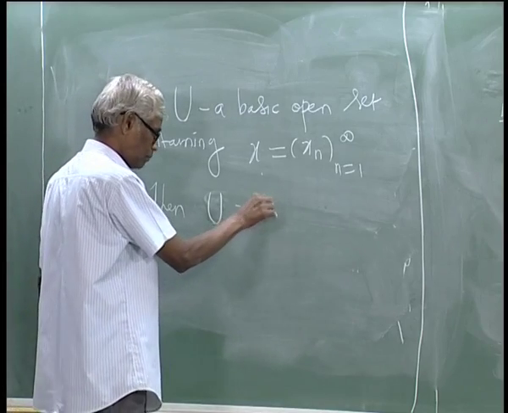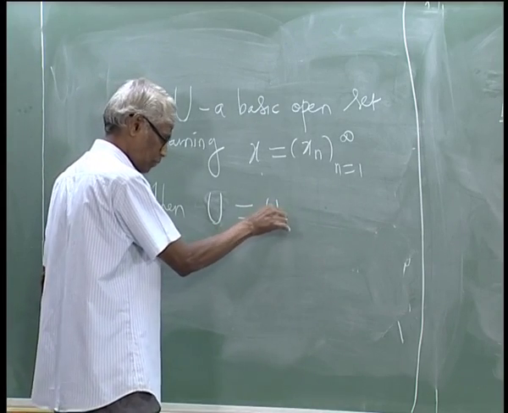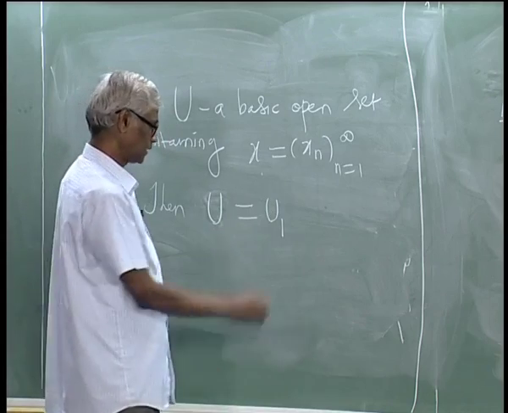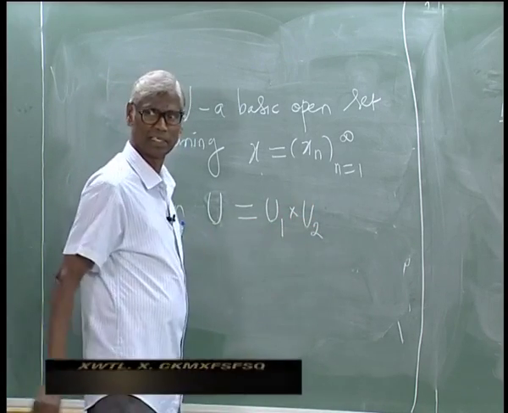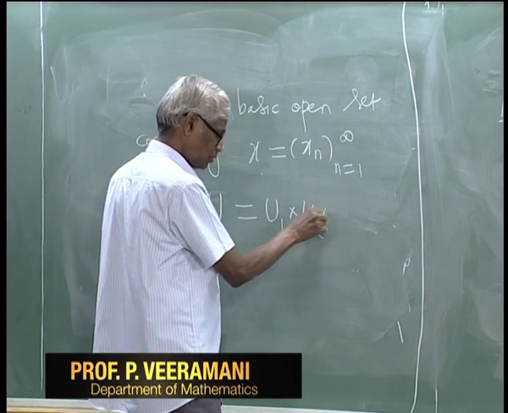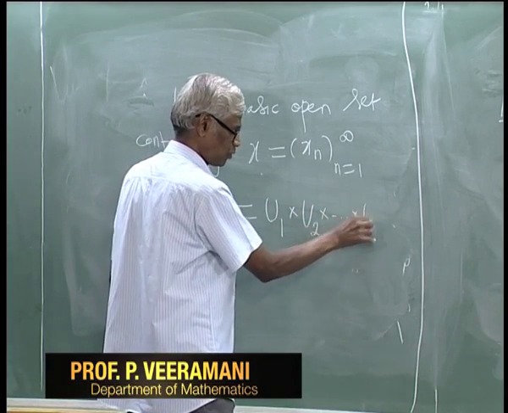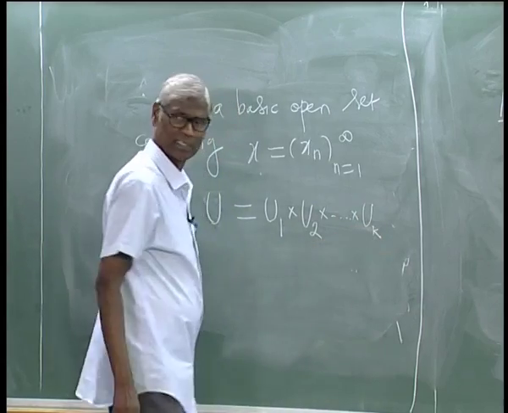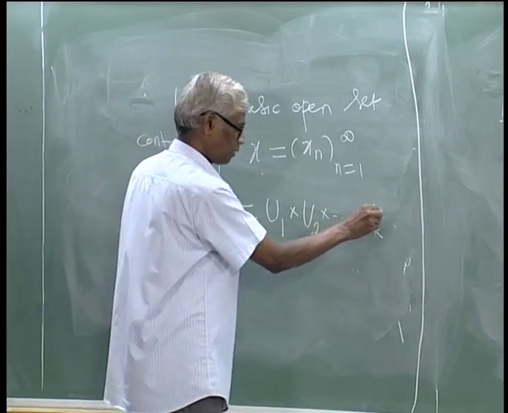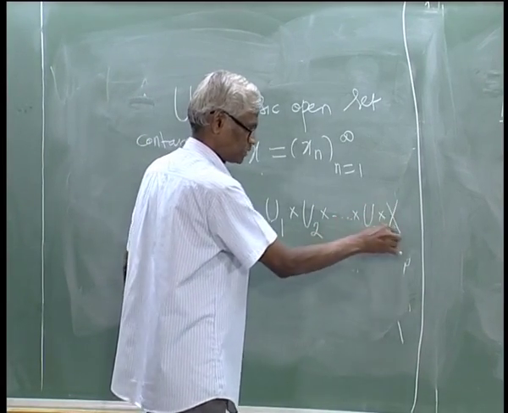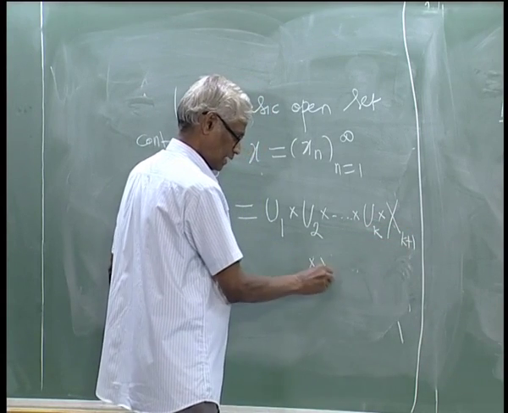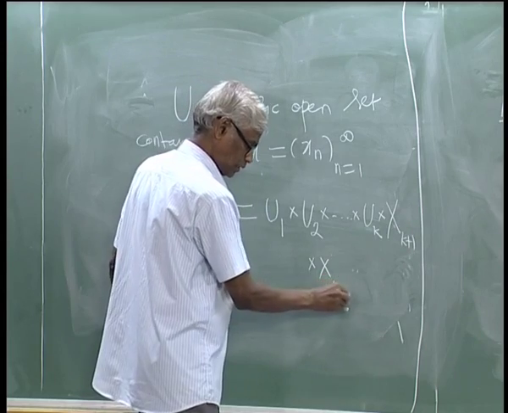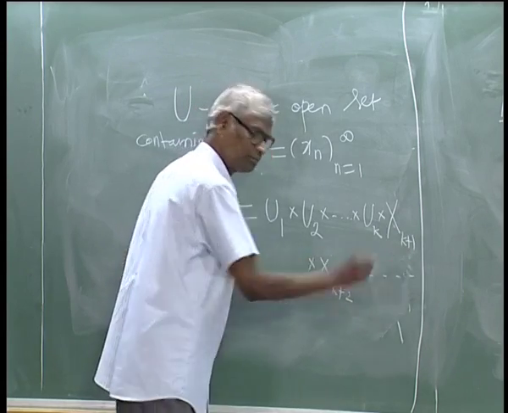That means a basic open set will be of the type U1 open in X1, cross U2 open in X2, cross some Uk open in Xk, and after that it is the whole space Xk+1 cross Xk+2 cross, etc.